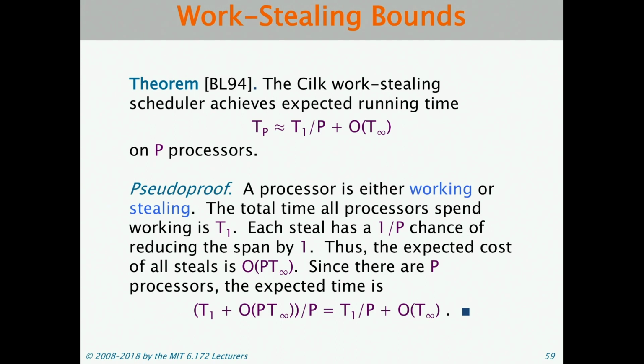And since there are P processors, I'm going to divide the expected time by P, so T1 plus O of P times T infinity, divided by P, and that's going to give me the bound T1 over P plus order T infinity. So this pseudo proof here ignores issues with independence, but it still gives you an intuition of why we get this expected running time.